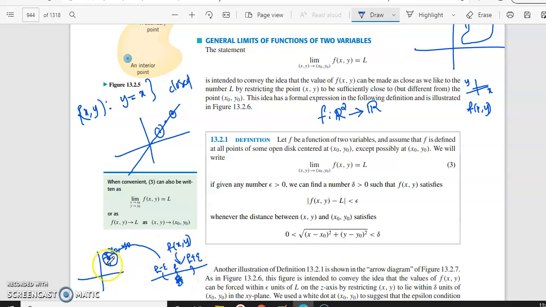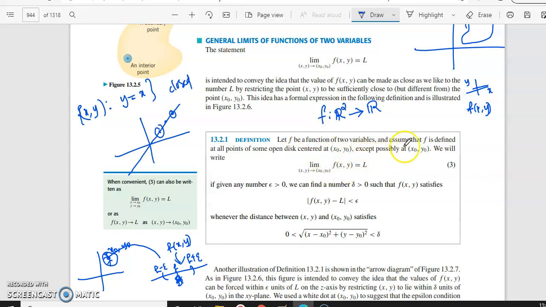So as xy approaches x naught, y naught, if f of xy belongs to the interval L minus epsilon to L plus epsilon, we say that the limit value is equal to L. Okay, so that is the epsilon delta definition for the function of two variables.